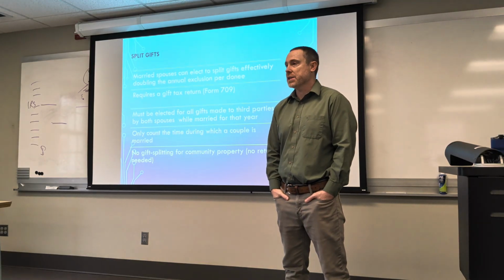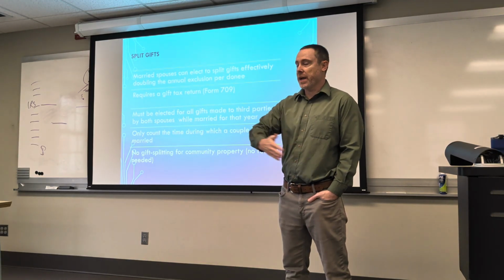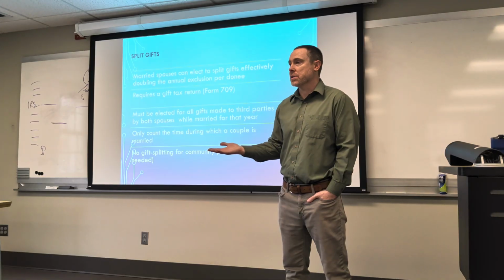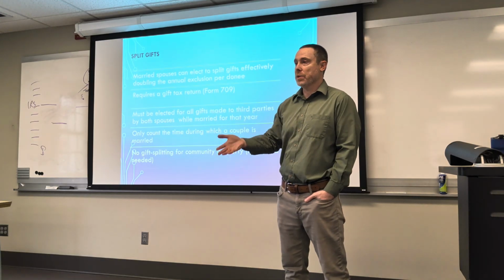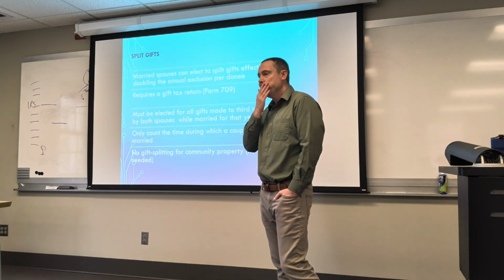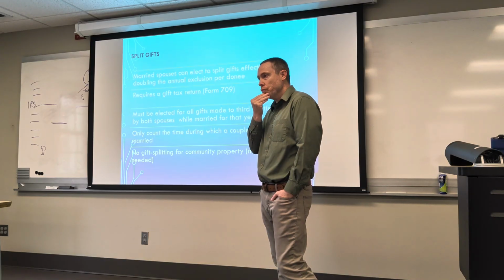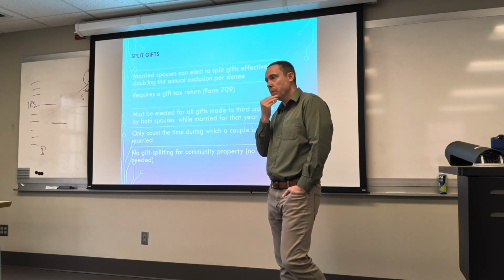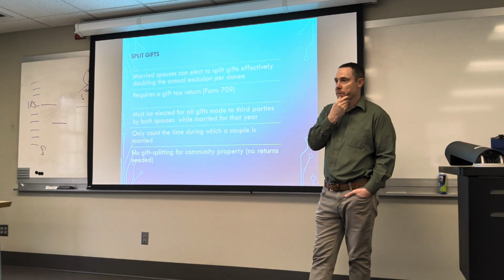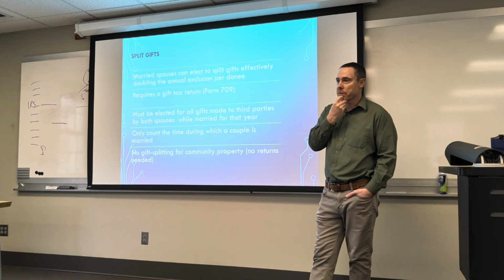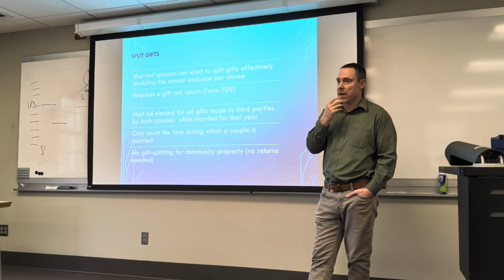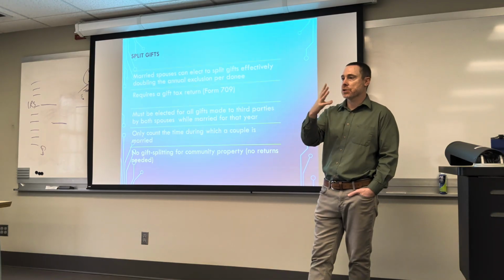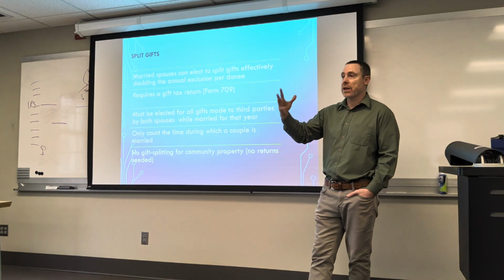I might file that 709 and just say, hey, I made a gift of $9,000, but it's below my annual exclusion. Let's say it's $100,000 and someone paid $50,000, would you file something for the difference? Yeah. And I'm still going to apply my $19,000 to the $50,000, or $38,000 if I'm splitting gifts.